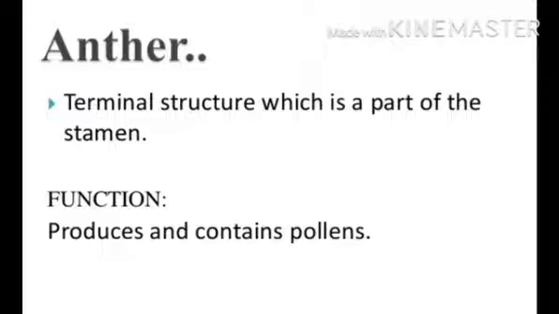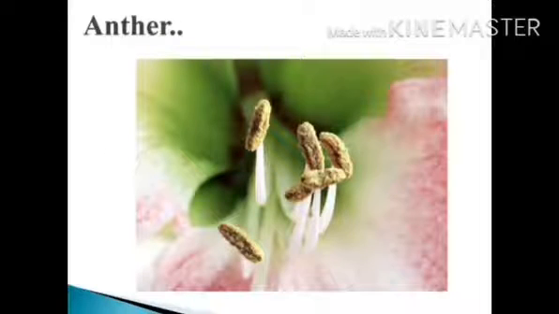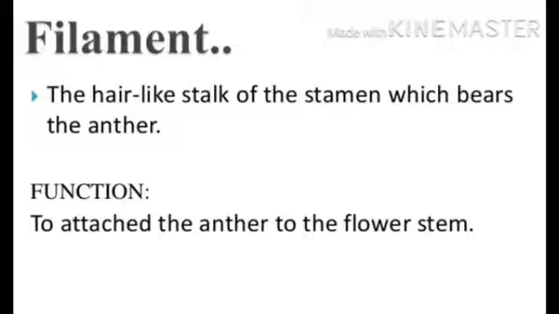Anther, the terminal structure which is a part of the stamen, produces pollen. Its function is to produce pollen grain for fertilization. Filament, the hair-like stalk of the stamen which bears the anther. Function: to attach the anther to the flower stem.